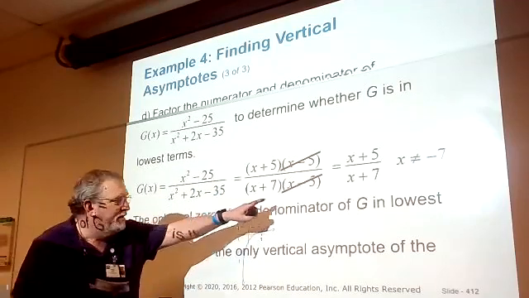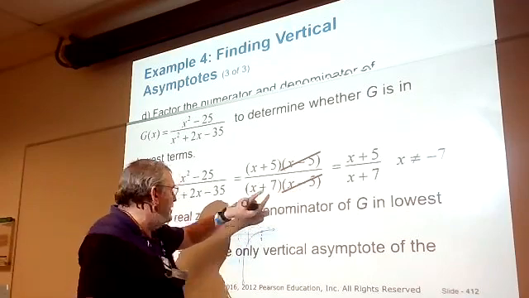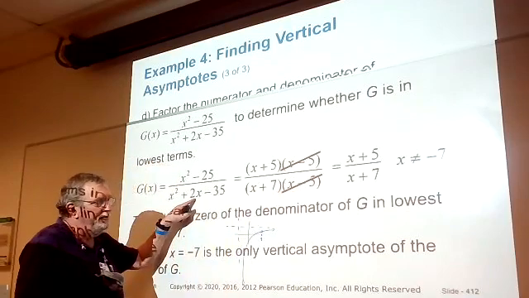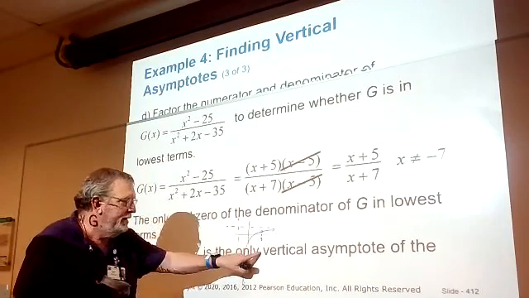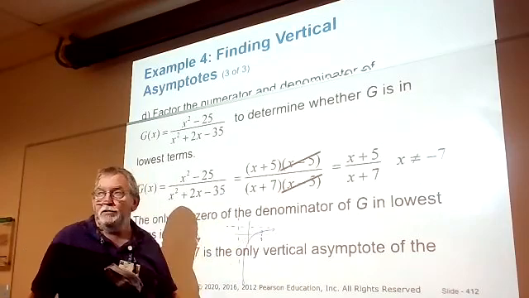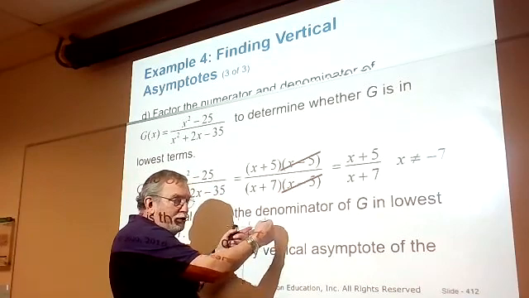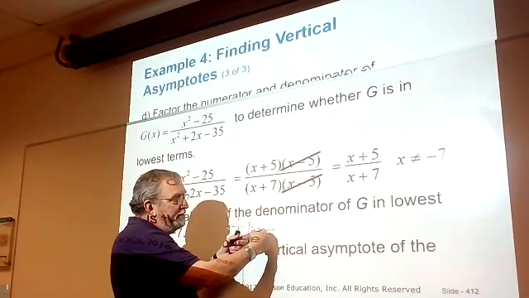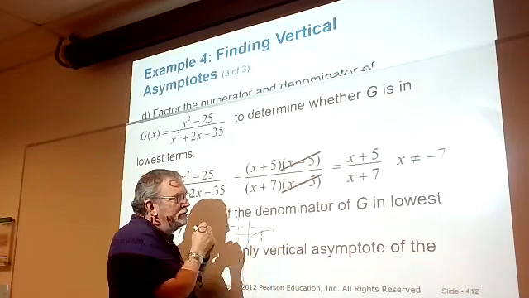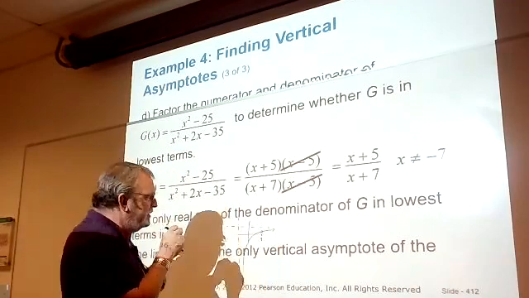That's how we show that it can't be 5. But x equals 5 is not a vertical asymptote, because on either side, it's approaching that number, 5/6.